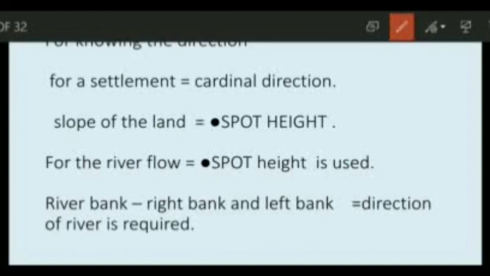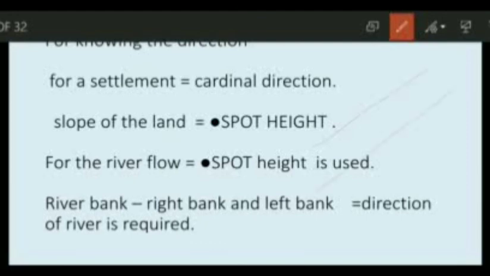Next one is for the flow of the river. If you know the spot height, then you can easily know the river flow. Why? Because the river always flows from a higher to a lower region. Next, sometimes a question will be asked on which bank the smaller tributary or stream is joining. If you want to know the bank of a river, what you have to do, you have to stand.